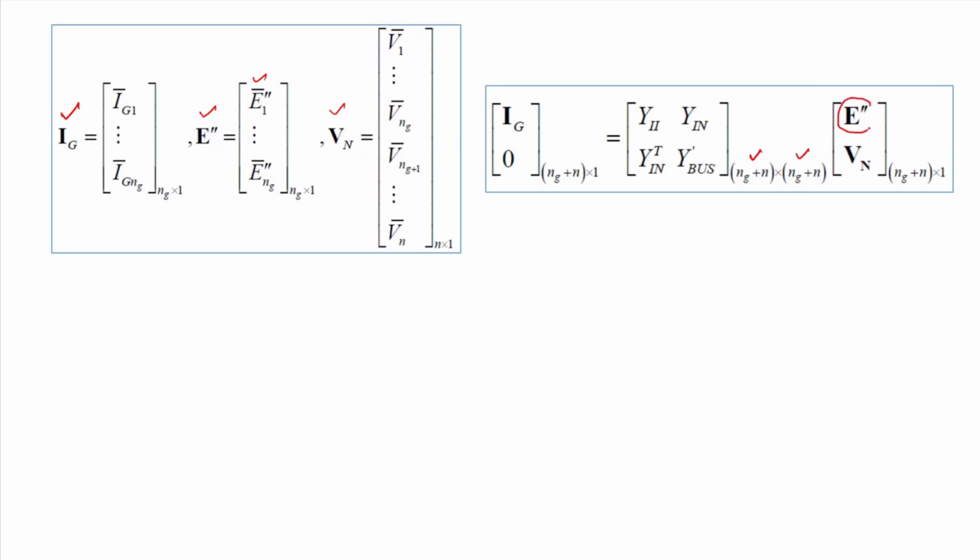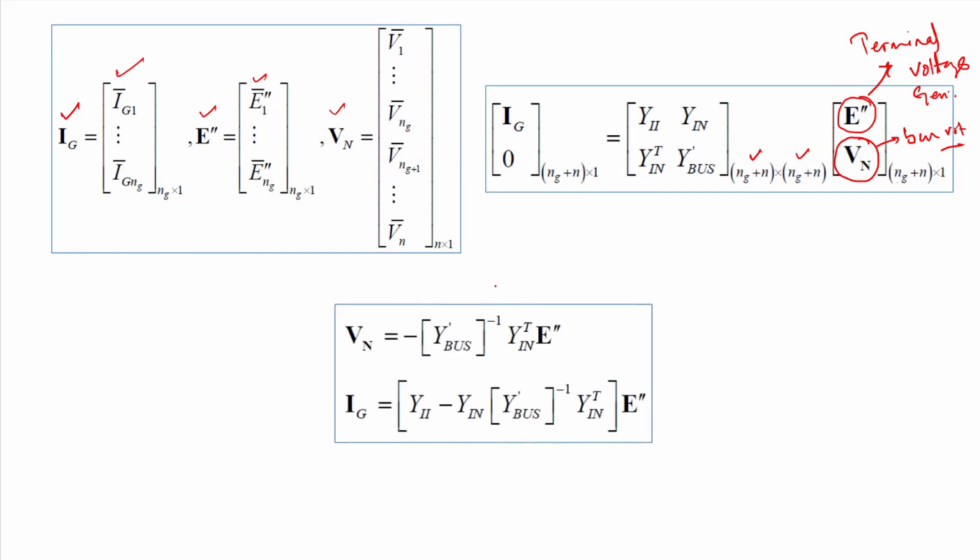So E double dash is the terminal voltage of the synchronous generator, and Vn is the bus voltages of each bus, right? Therefore the size of this vector becomes (NG plus N) by 1. Similarly here the current also becomes (NG plus N) by 1, right? And obviously the size of Ig will be NG by 1. This is only for the generator currents or generator buses, right? Okay.